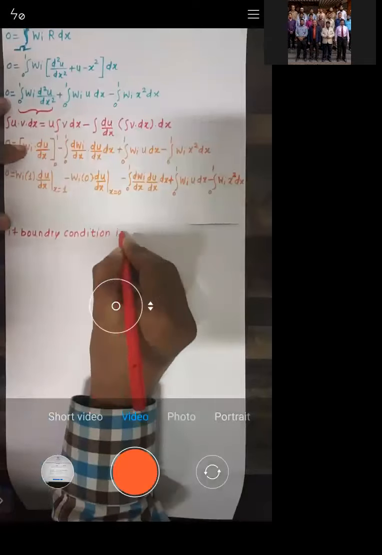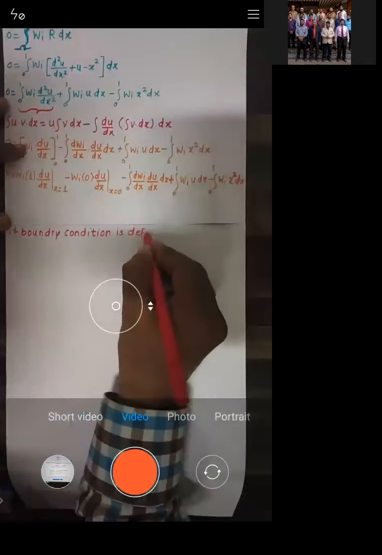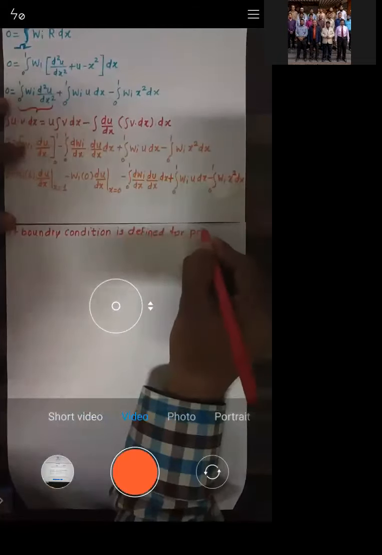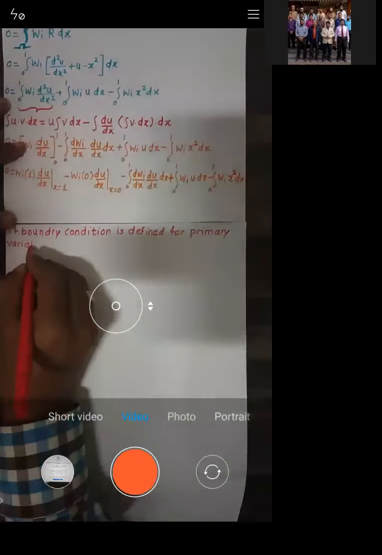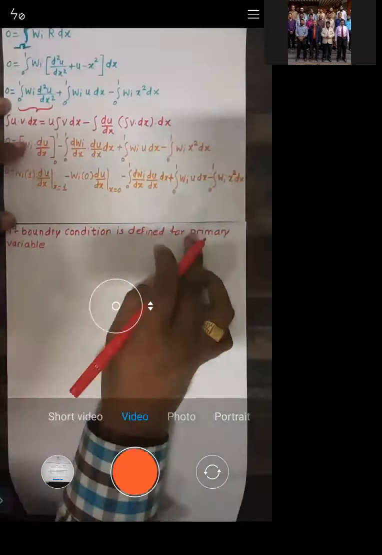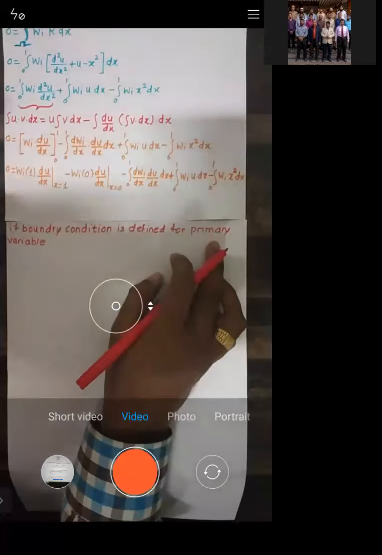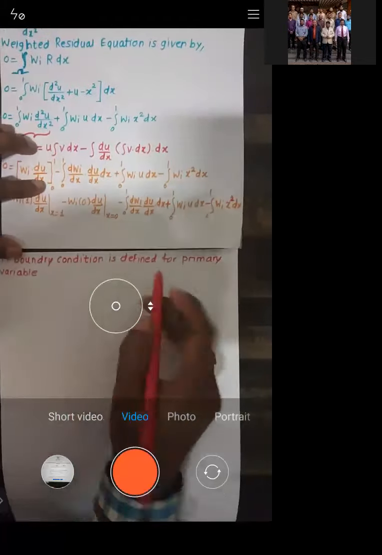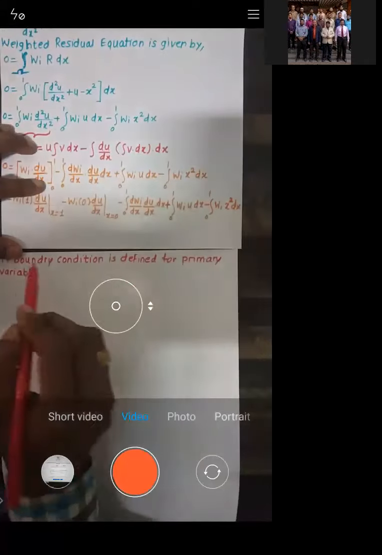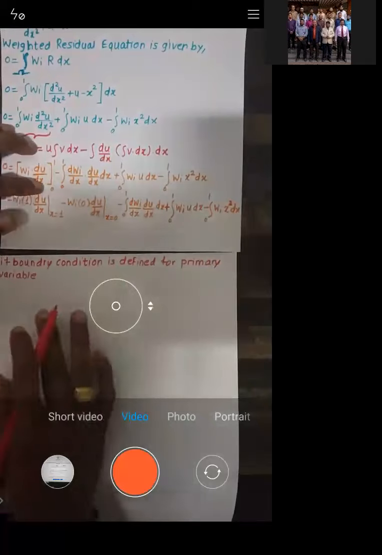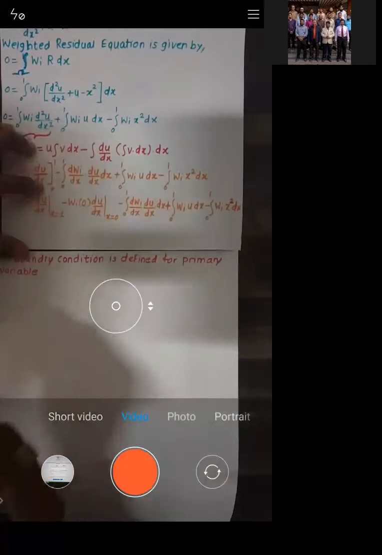If the boundary condition is defined for the primary variable, that is, defined in terms of primary variable, such a boundary condition is known as essential boundary condition. Then what happens?